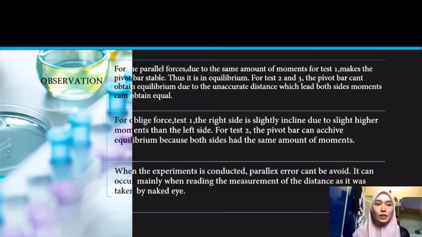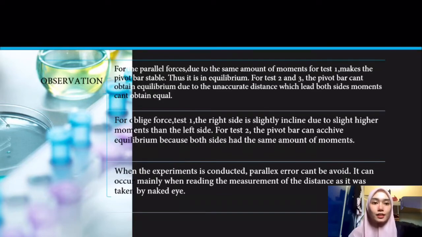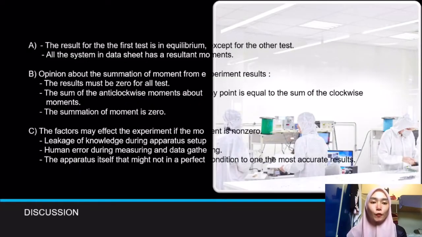And the third is that when the experiment is conducted, parallax error can't be avoided. It occurs mainly when reading the distance measurement, as it was taken by naked eye. For the discussion slide, first, the result for the first test is in equilibrium, unlike the other tests.